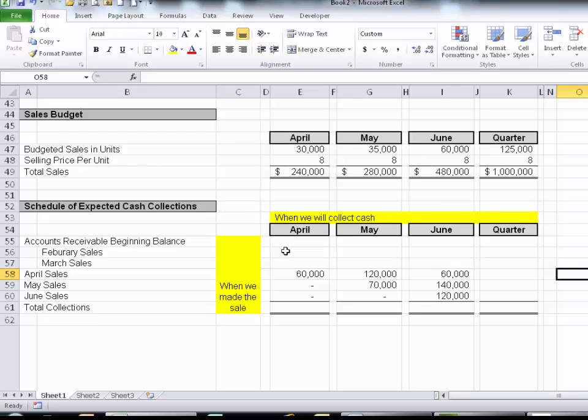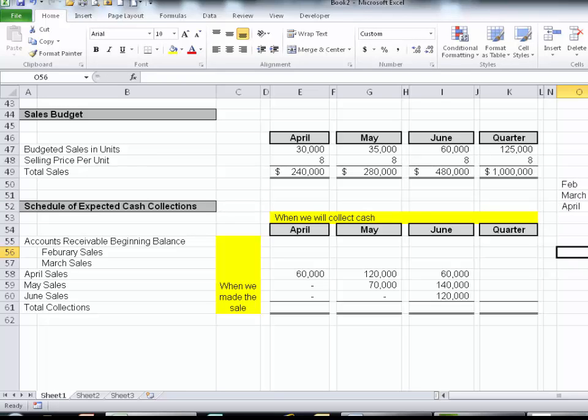So what I could do is say, okay, in February I sold 20,000 units, in March I sold 22,000, and I could say, okay, February is collected in February, March, and April, or another way of looking at that would be Feb, March, April, and actually putting some months to it, figuring out what percentages go with what month of collection.